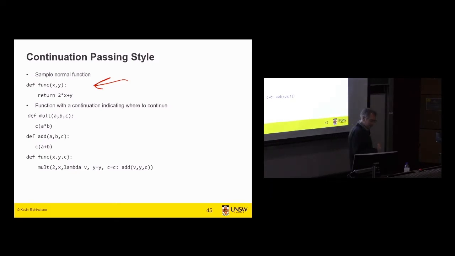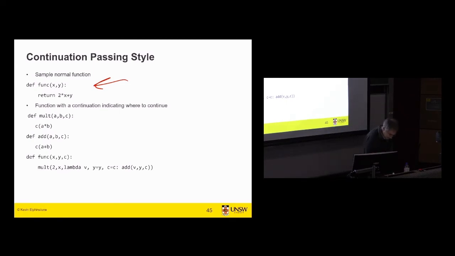Now, if we rearrange this into continuation passing style, rather than simply relying on returning the way the function's called, then we can break this down into each of the fundamental bits of computation and explicitly tell the programming language where we want to go to next for each of these little fundamentals.